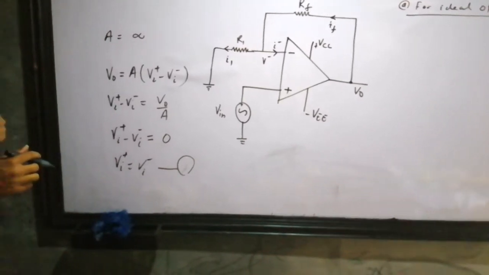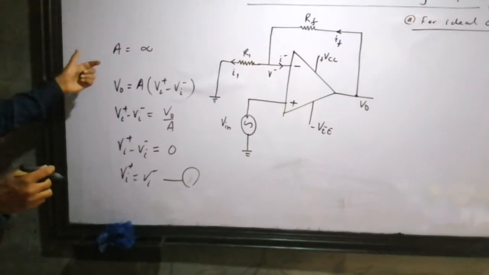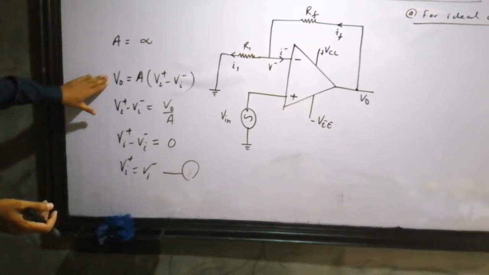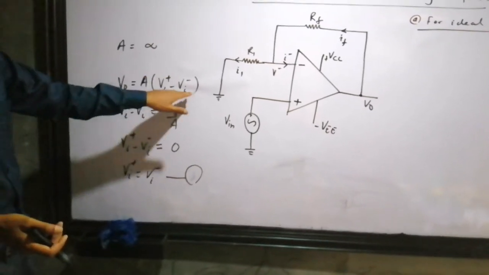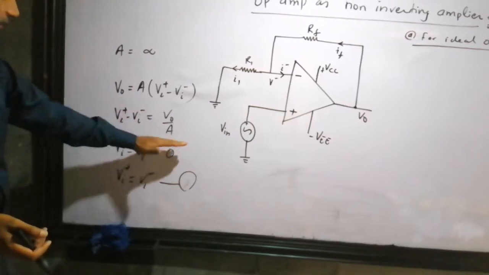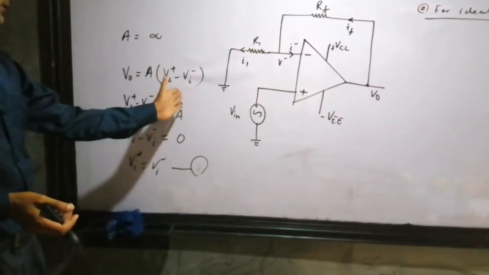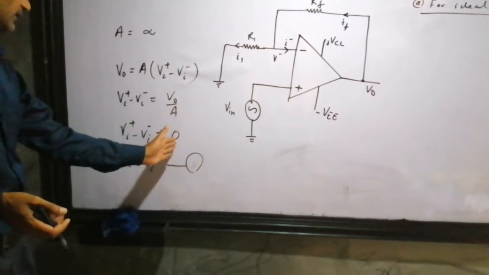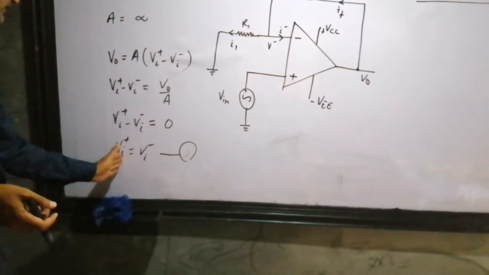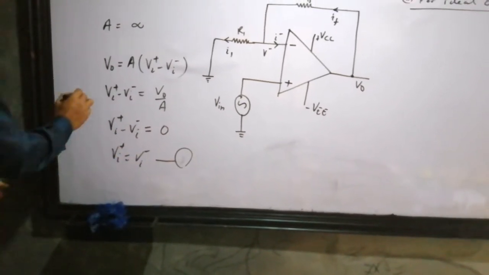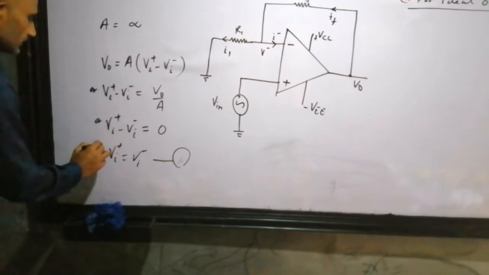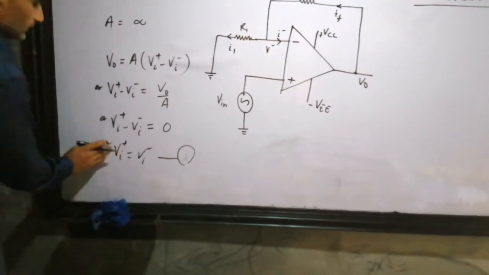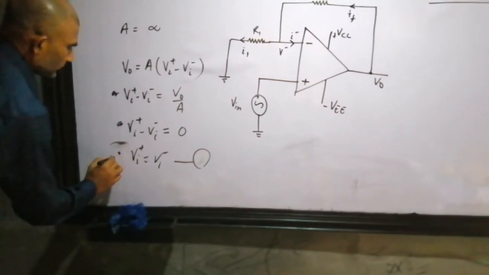These things I have to keep in mind to derive the formula. V out equals A times (Vi plus minus Vi minus), and taking A to the other side, it becomes something divided by infinity, that is 0, and so of course Vi plus equals Vi minus. So we got this in our mind.